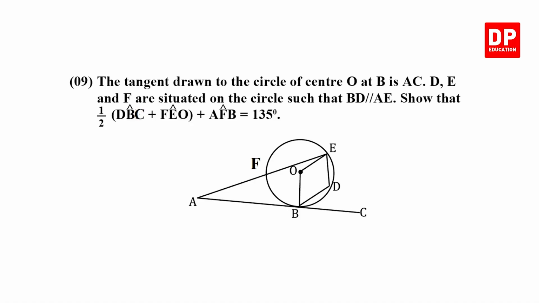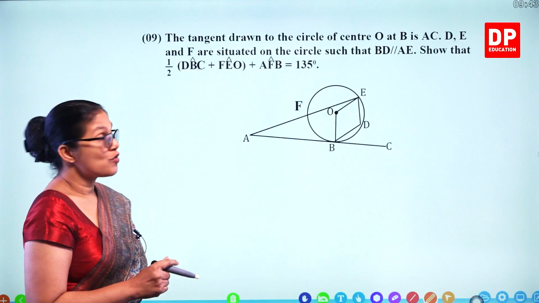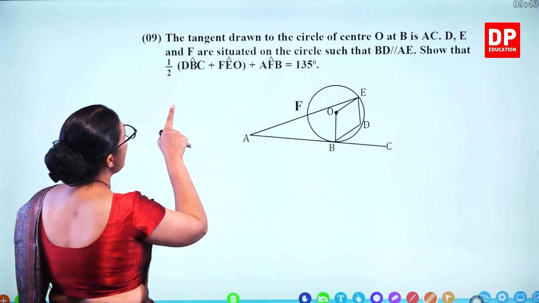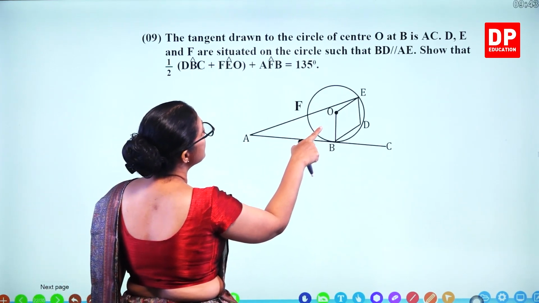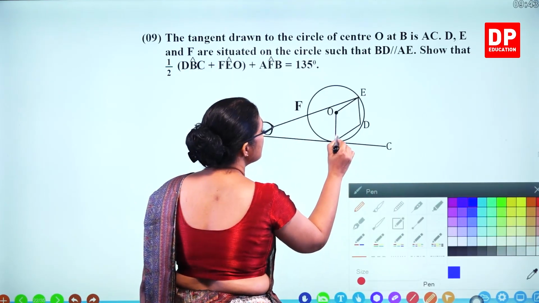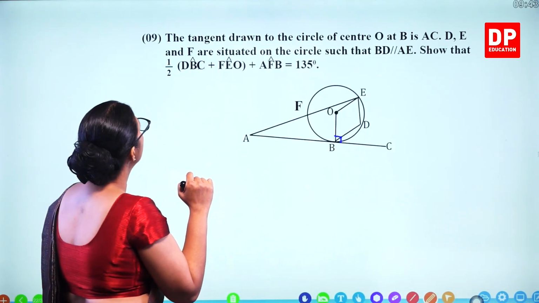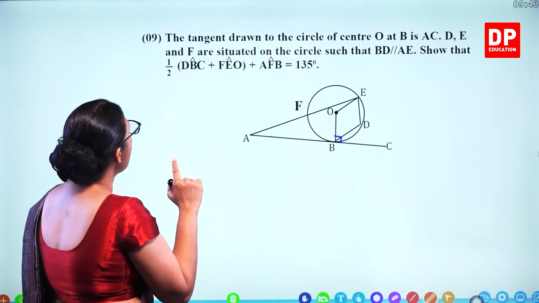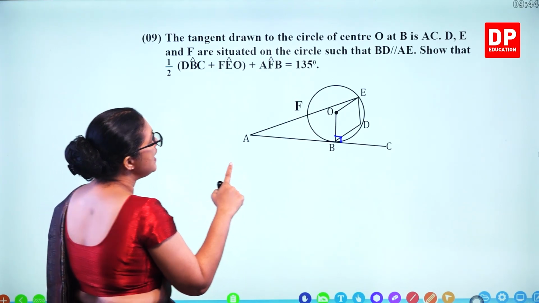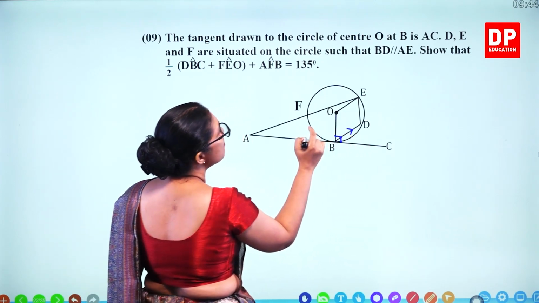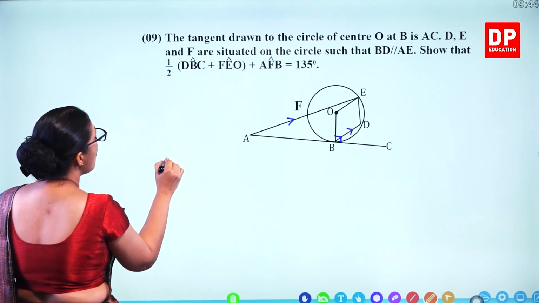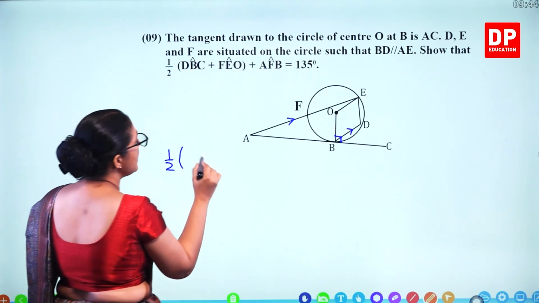Question number 9. This is about proofs. So we'll do it separately. First we'll write down the tangent drawn to the circle of center O at B is AC. So that means this is 90 degrees. D, E, F are situated on the circle such that BD, this line, is parallel to AE. Show that half of DBC.